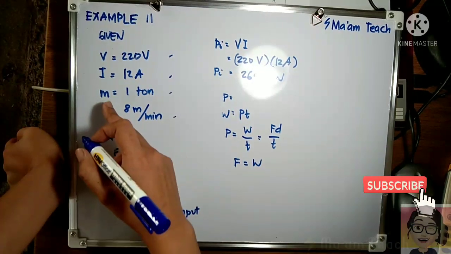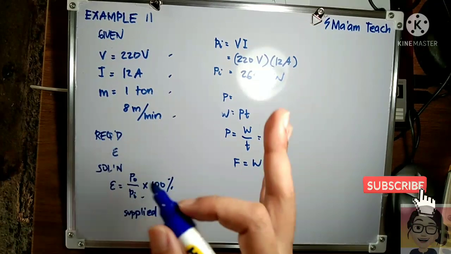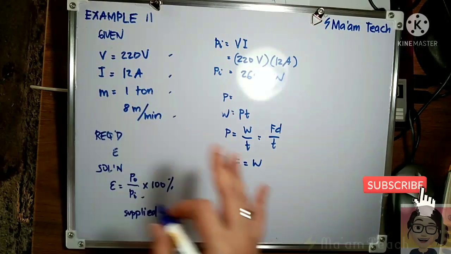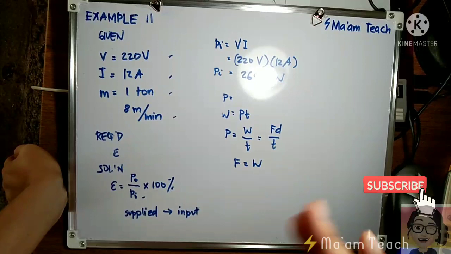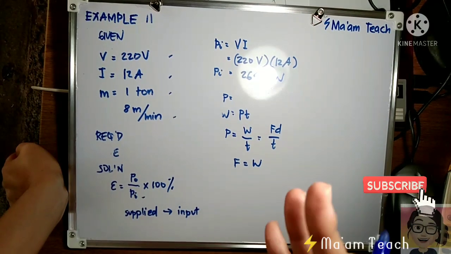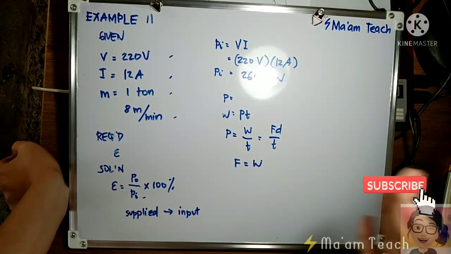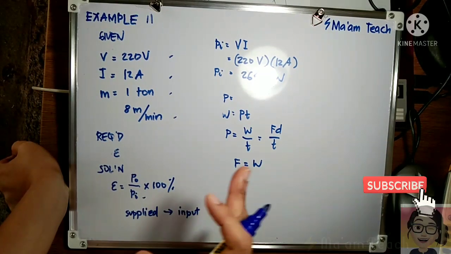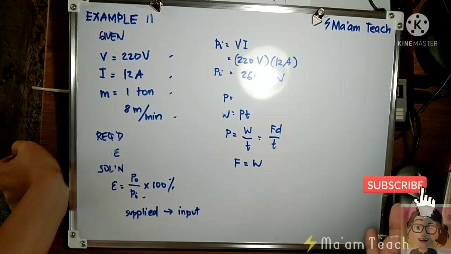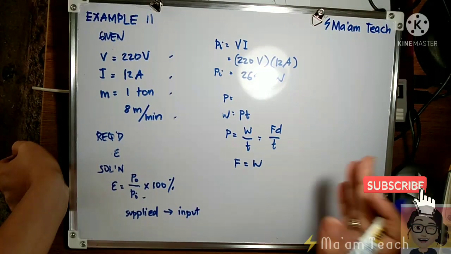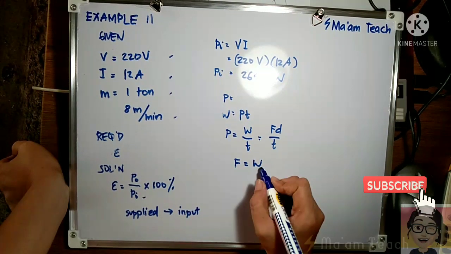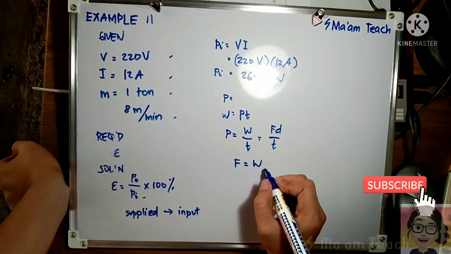Since this problem refers to the hoist, which refers to somewhat of an elevator, it carries the mass of maybe a person or maybe the hoist itself. So it could refer to the weight.